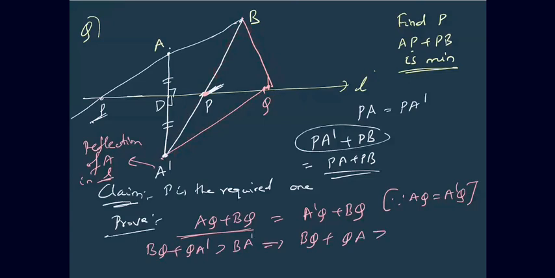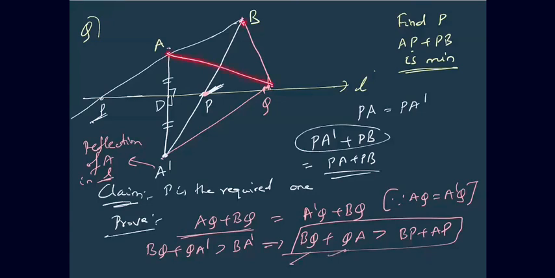I can write it as BP plus AP. So if I take any other point Q on this line L, the sum of the distances of A and B from that point Q is more compared to the sum of distances of the point P from A and B. Hence I can say that my required point is this P.